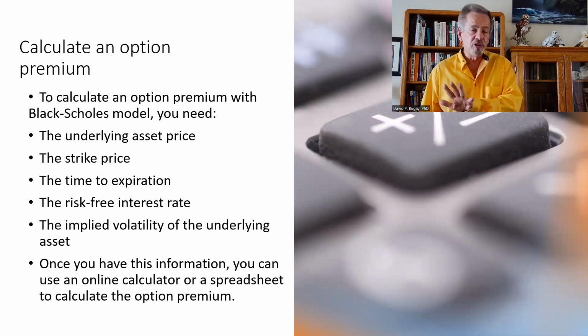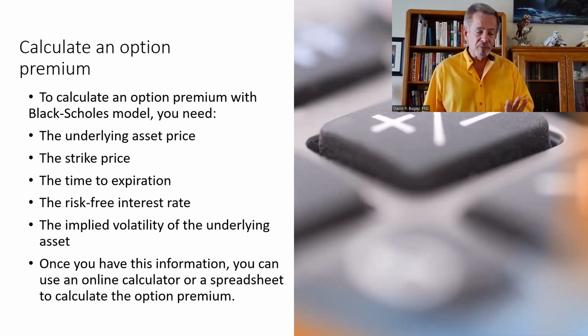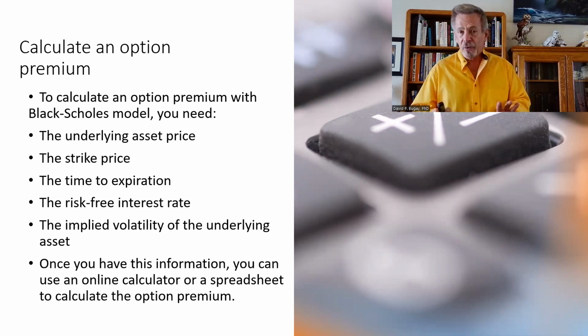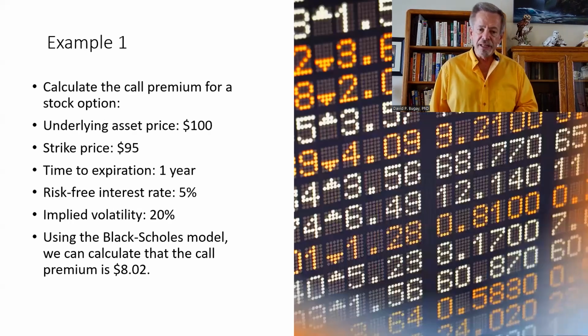You may have to calculate it numerous times to see the different aspects as to when you buy it. But once you buy that option, say you're 9 months out, as you get closer and closer, you already have it. You'll see it waver a little bit as it zeroes in on what the actual volatility is in that moment. Once you have that, you get your online calculator or spreadsheet, and you calculate the option premium.